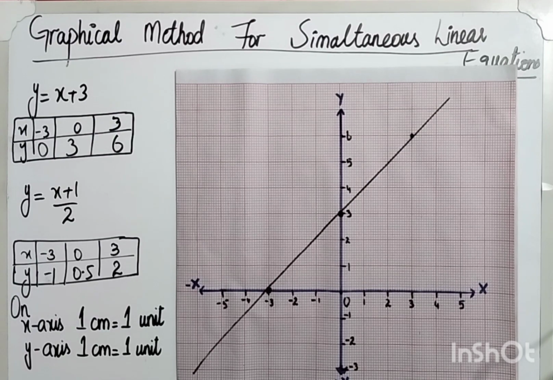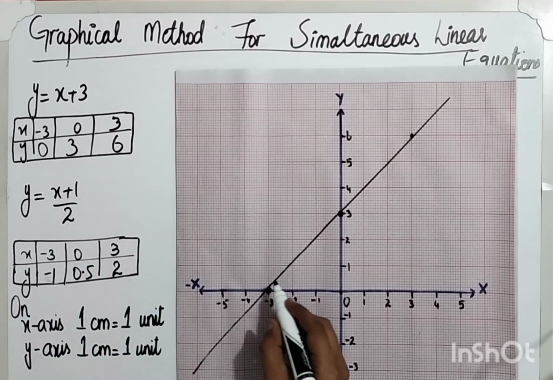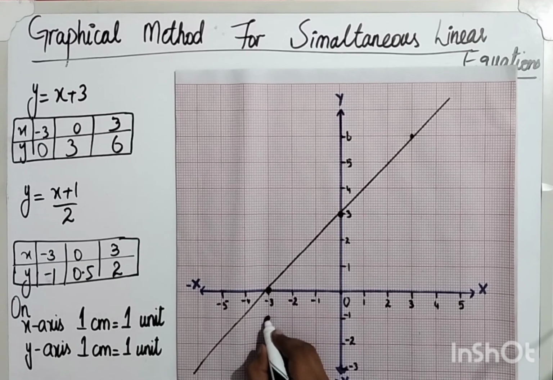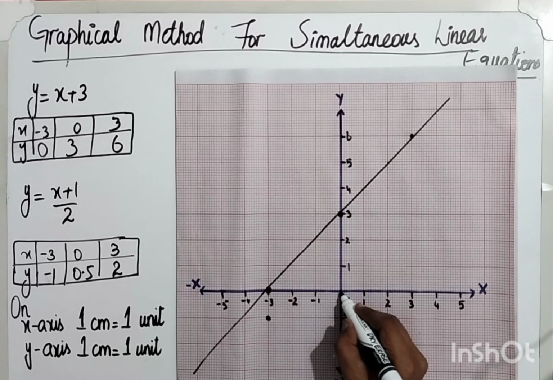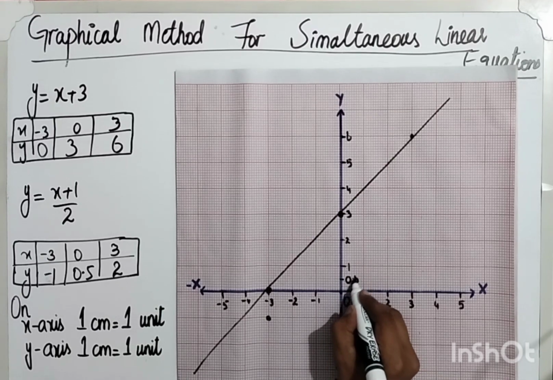Now we are going to plot the graph for our second equation, and for that, first of all, I am going to plot the points. The first point is -3 and -1. So on -3, this is -1 on the y-axis. The second point is 0 and 0.5, which must be in the middle of 0 and 1.